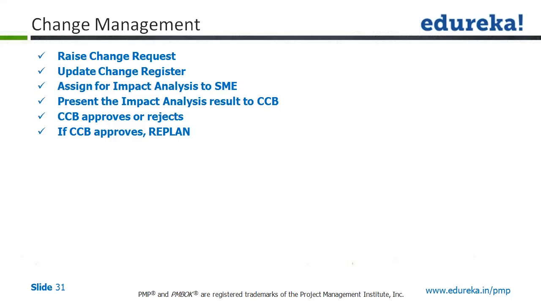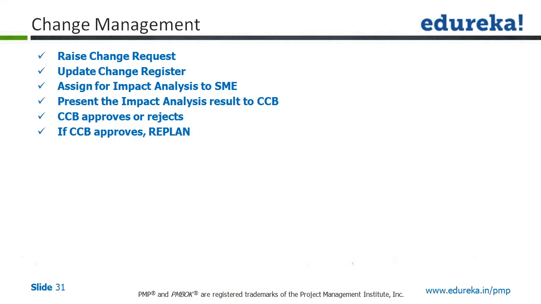There can be some shortcoming in the impact analysis which we have done, and the change control board may have a different perception based on the analysis we have done. They may feel that this change is not really needed and the team can still manage to deliver without this change.